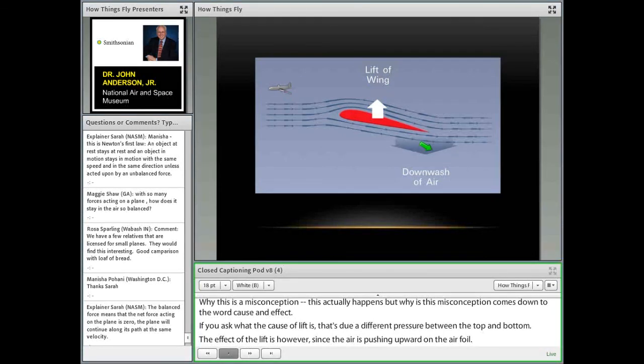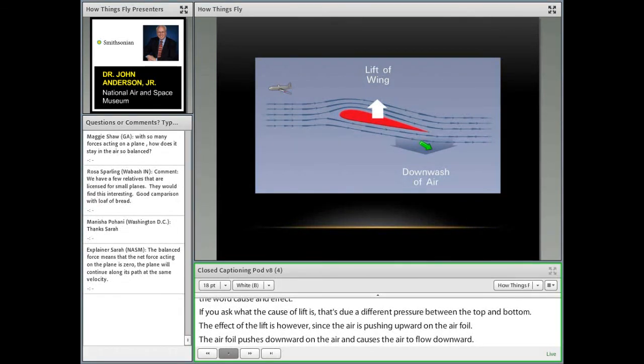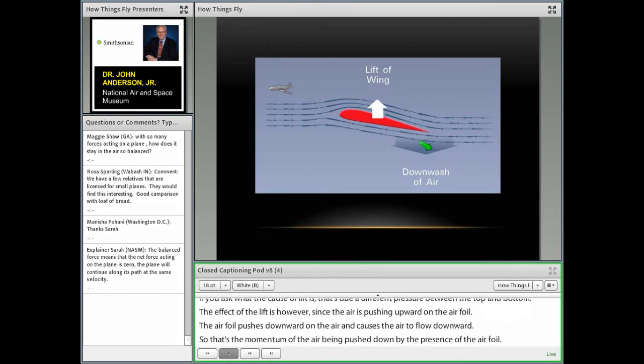So that's the momentum of the air being pushed down by the presence of the airfoil. The misconception is that this downward motion of the air below the airfoil is causing the lift. That's not true. The cause of lift is the pressure difference between the top and bottom surfaces.